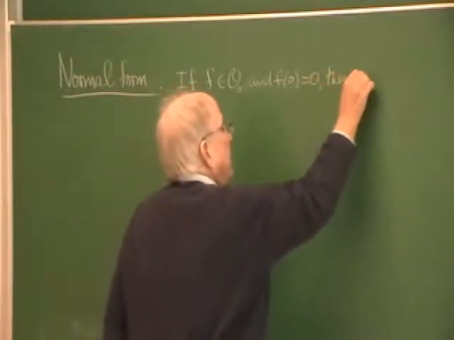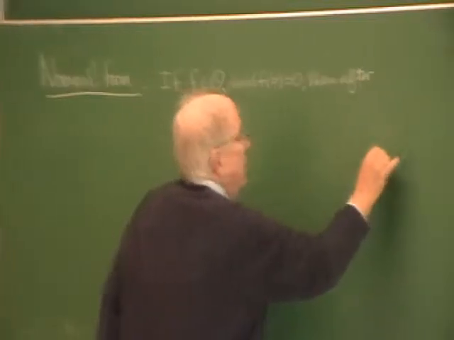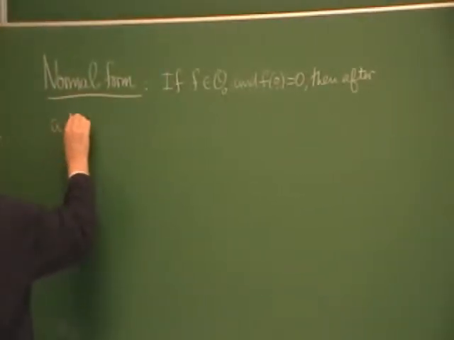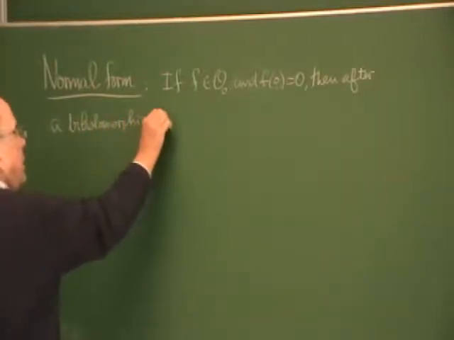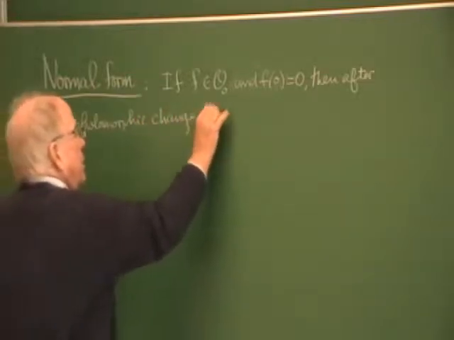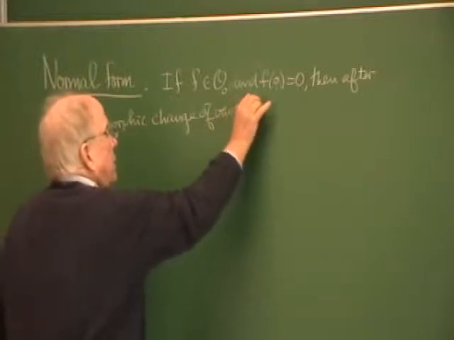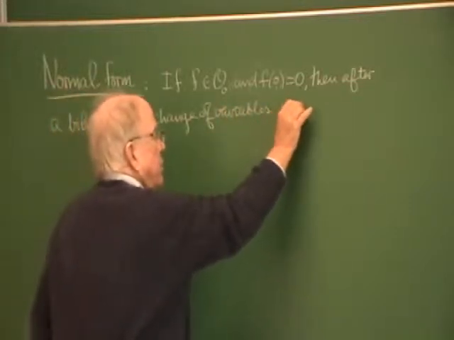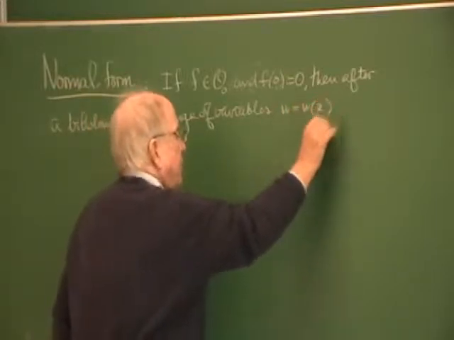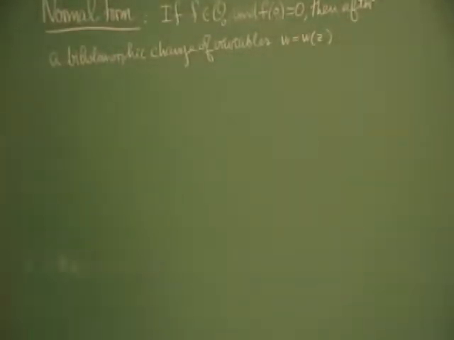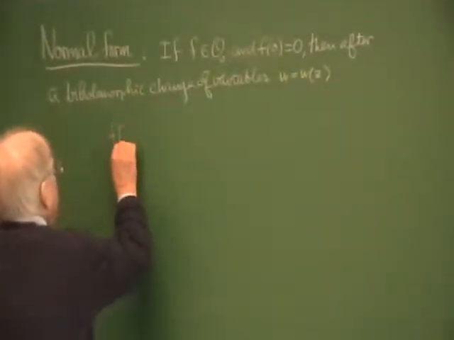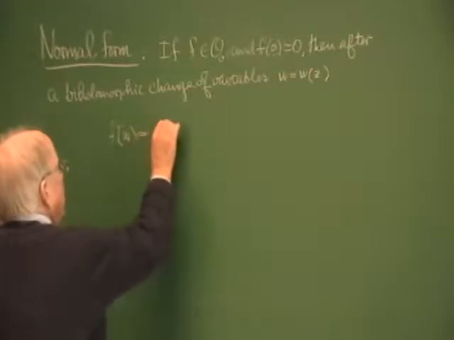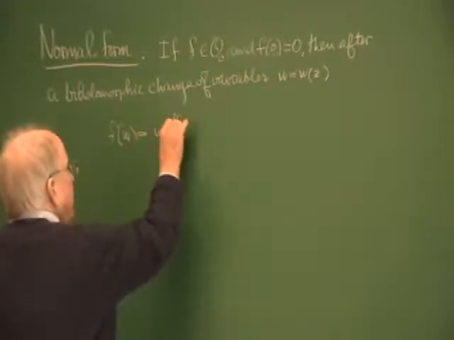Then, after a biholomorphic change of variables, say W is a function of Z, f of W equals W to the n, a well-defined invariant, the order of vanishing of f at 0.